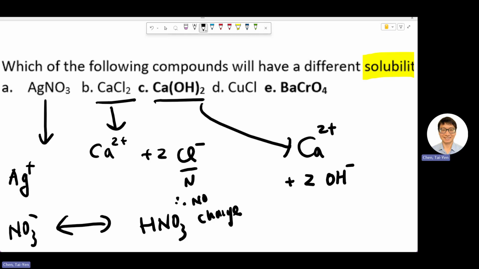To compensate for the decrease, your salt needs to dissociate more. Therefore, the solubility of your insoluble salt will be increasing. So that's how you know the answer is increasing. If you add in more H plus, the solubility of your Ca(OH)2 is going to increase. We good?